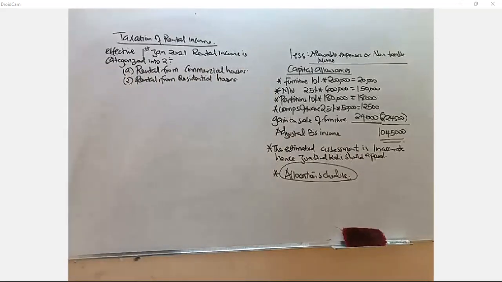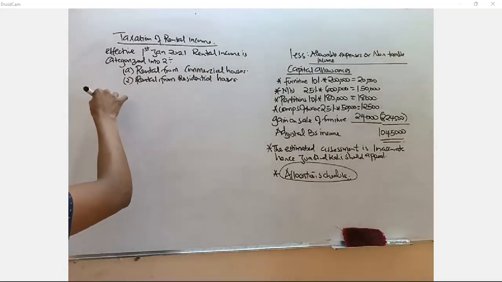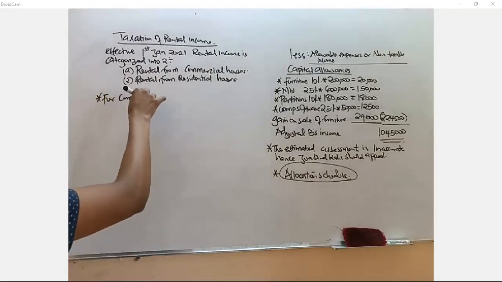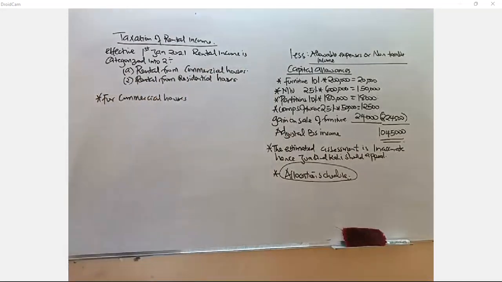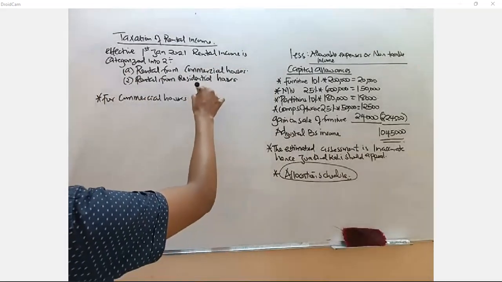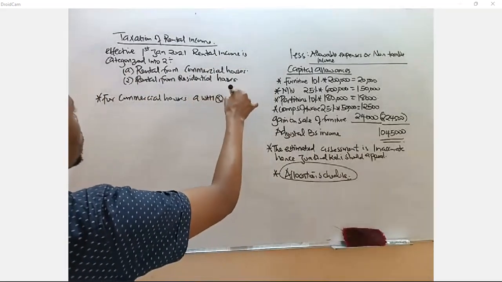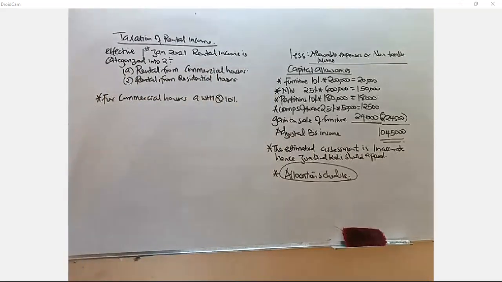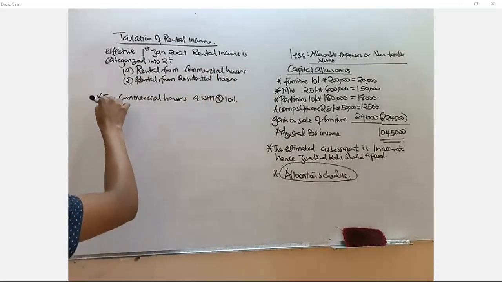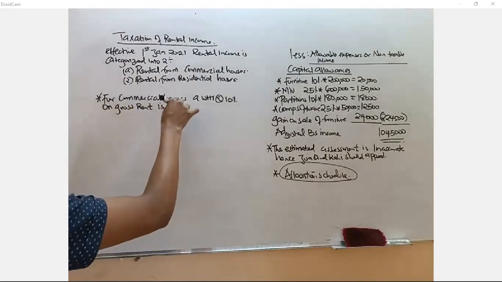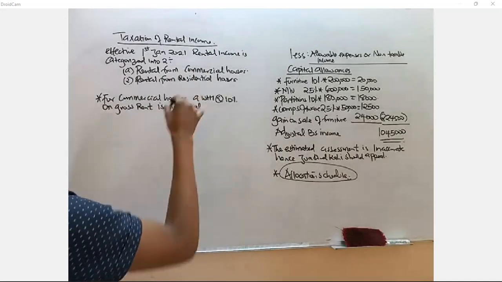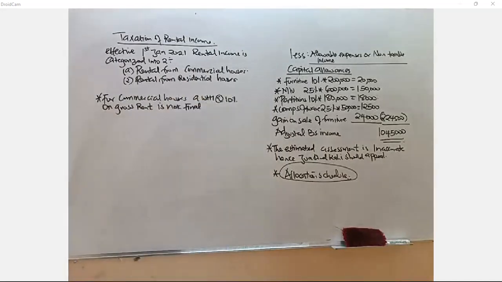For commercial houses, we are saying a withholding tax at the rate of 10% on gross rents, which is not final.